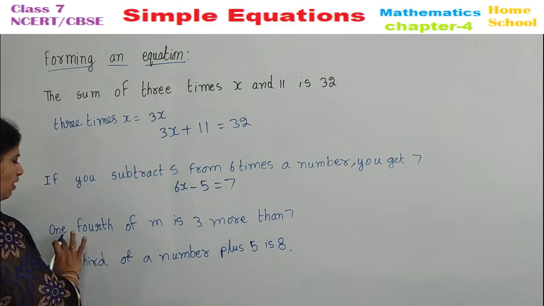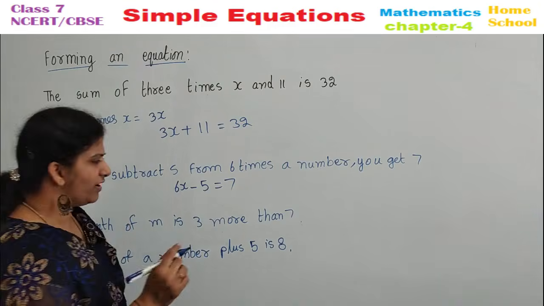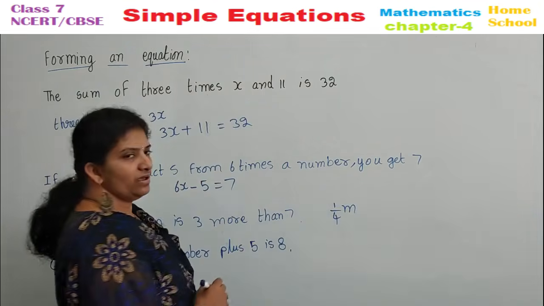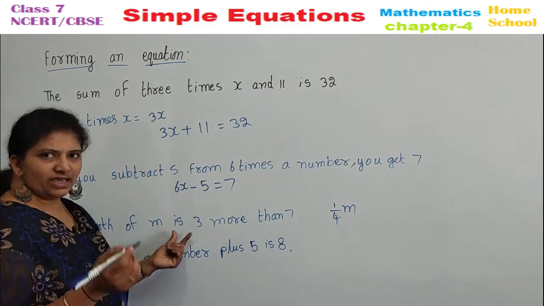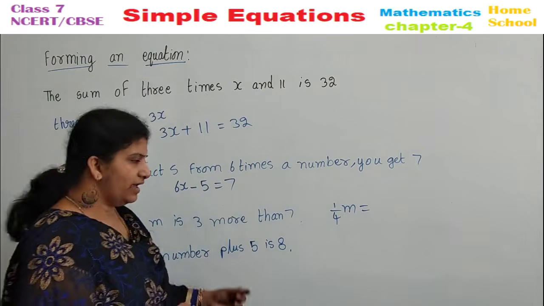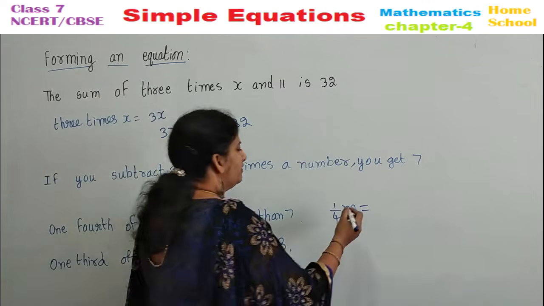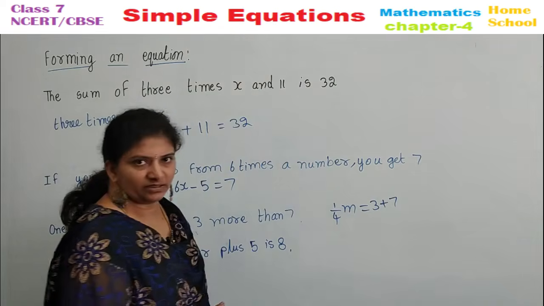See the third one? 1/4 of m. 1/4 of m means 1/4 m. Is means immediately I write here equal to. Is 3 more than 7. Is 3 more means plus 7 you may write.